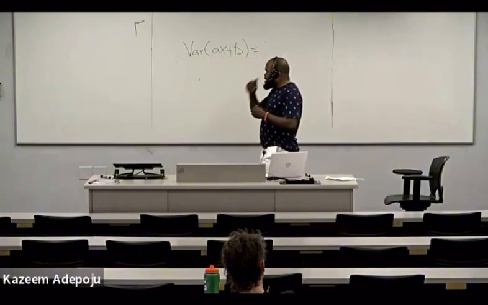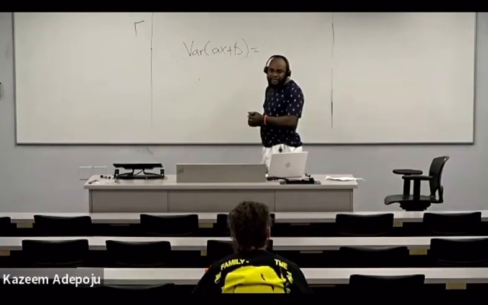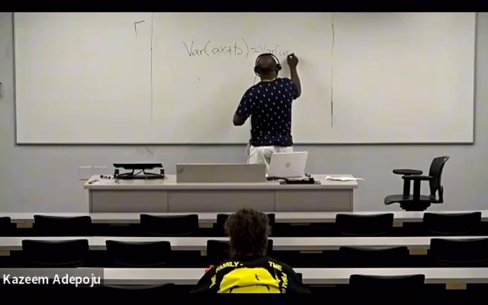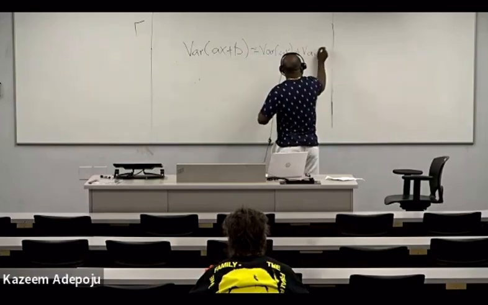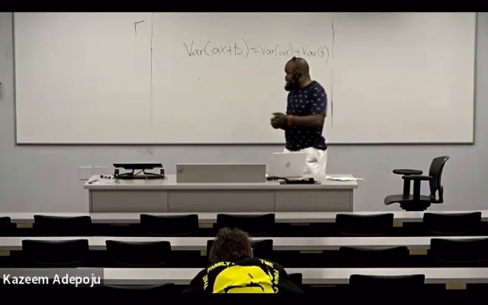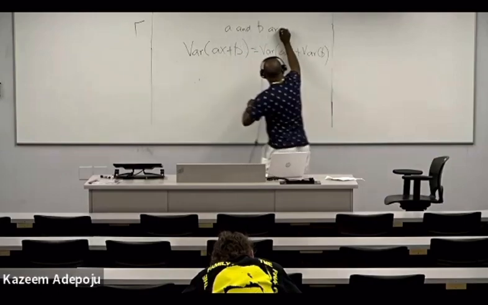I can rewrite this as the variance of ax plus the variance of b. Now a and b, like I said, are constants.